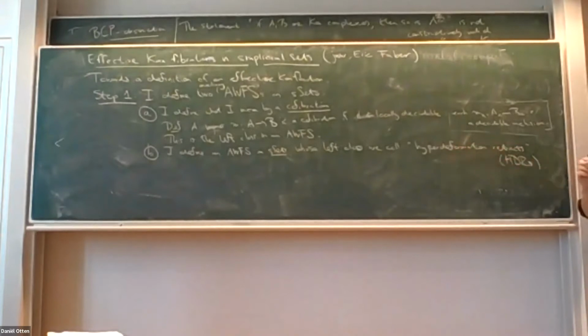The name is meant to suggest that they are like deformation retracts. They are like strong deformation retracts. Actually, they're even stronger than strong deformation retracts, so that's why we chose the name hyper deformation retracts. Okay.